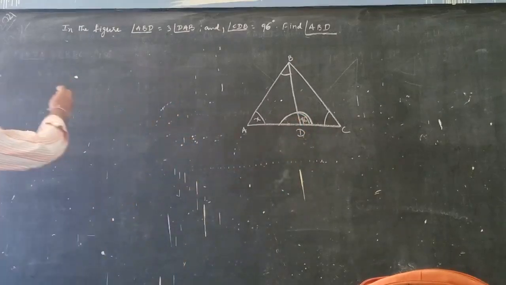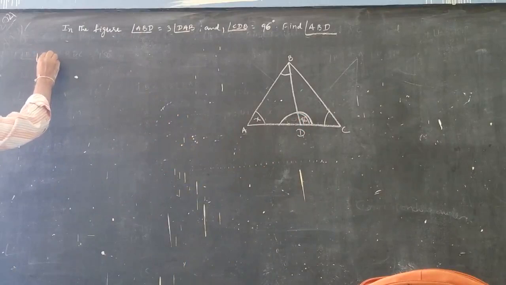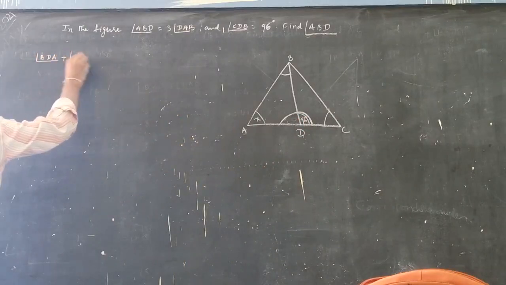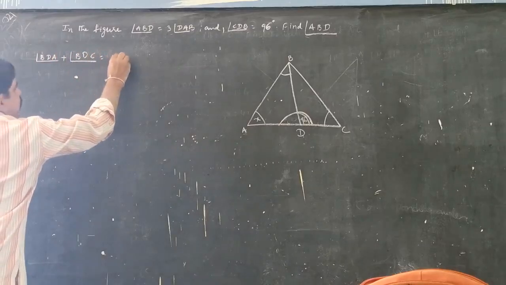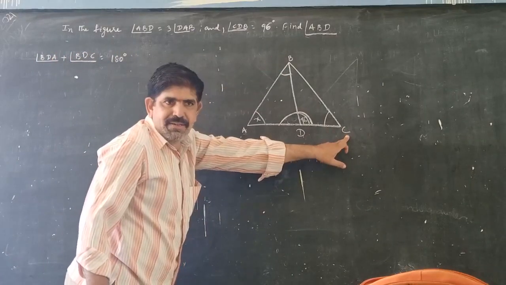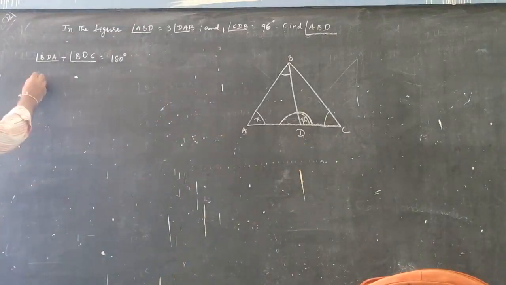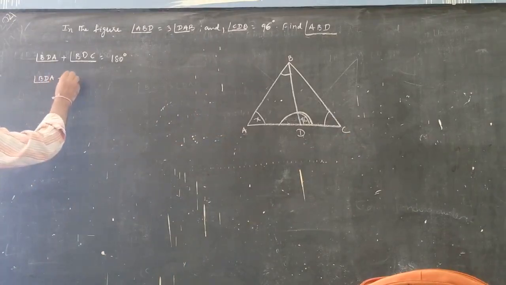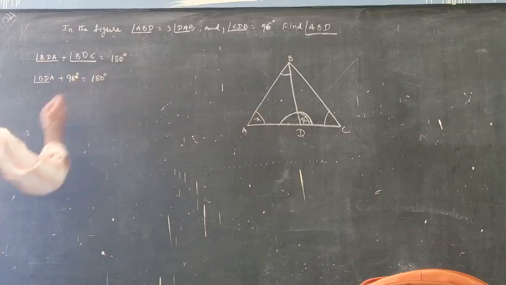So how can we write this? Angle BDA plus angle BDC is equal to 180 degrees. What is angle BDC? 96. So angle BDA plus 96 degrees is equal to 180 degrees.